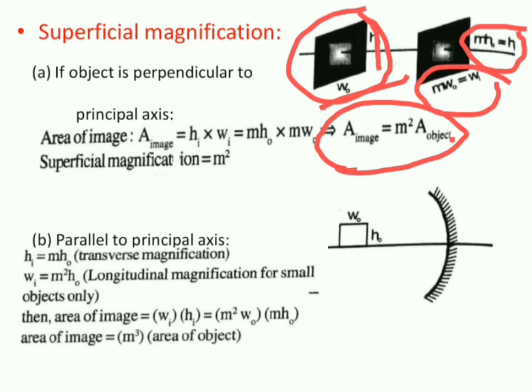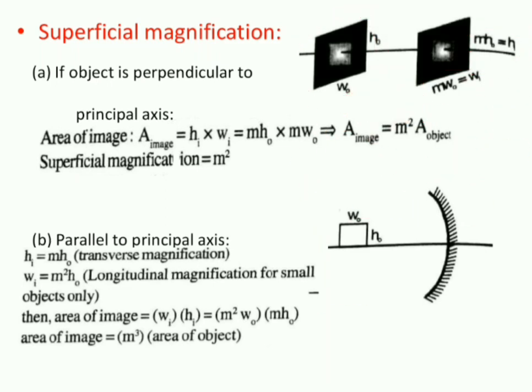But suppose the object is placed parallel to principal axis like in the second case, then you tell me what will be the width of the image. If you're talking about width, it is longitudinal magnification for w naught. Again I'm repeating, w is parallel to principal axis.